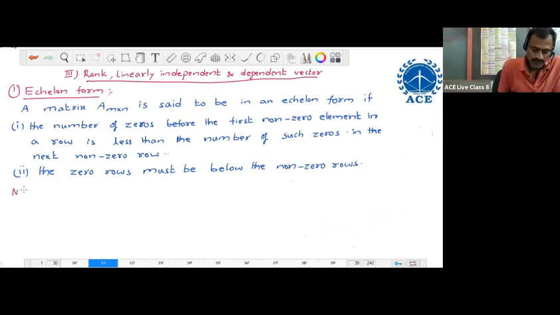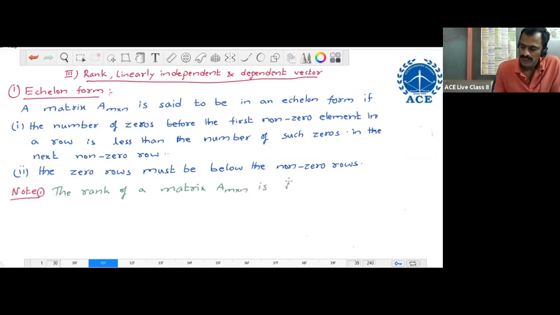Next, note point number 1. The rank of a matrix A m cross n is denoted by the row symbol, after row symbol within the open brackets A, or small letter r.